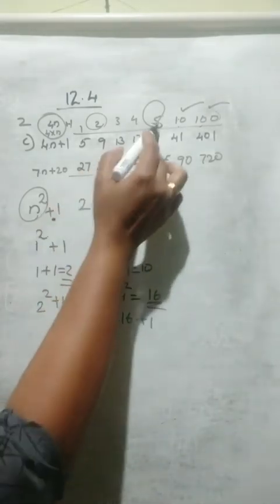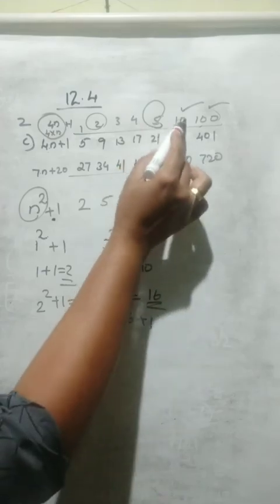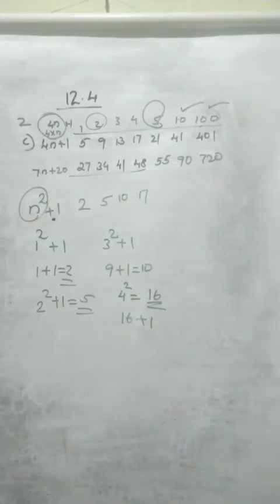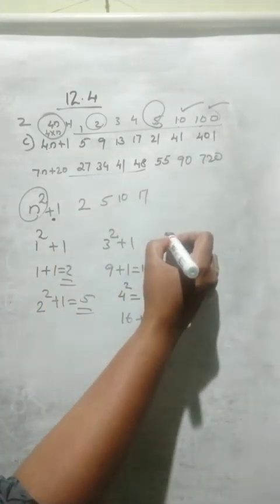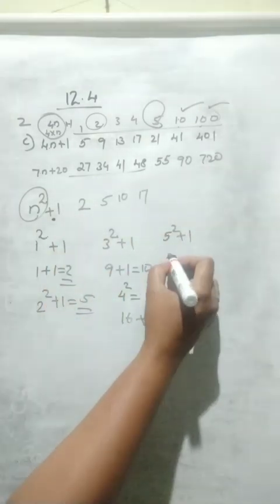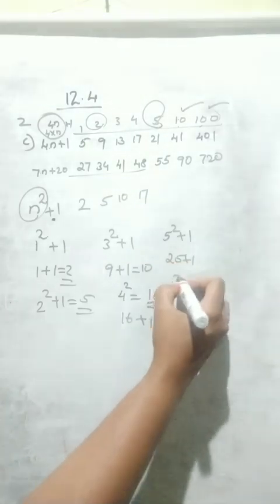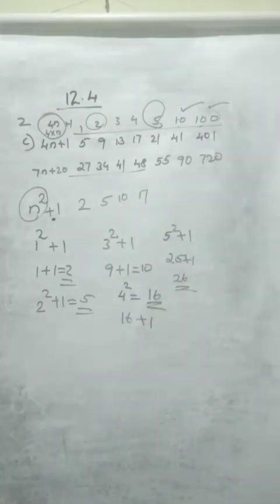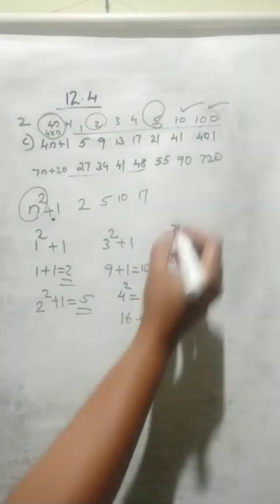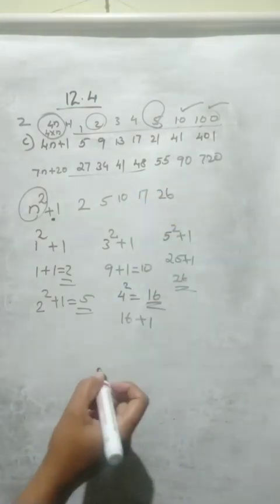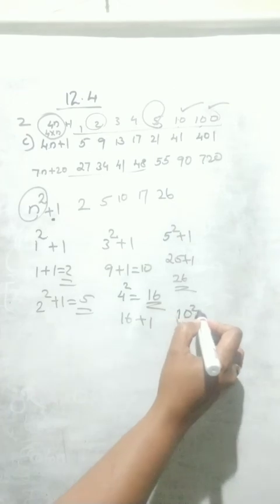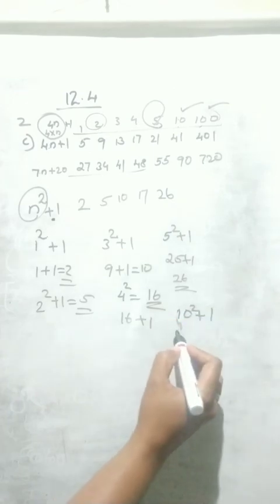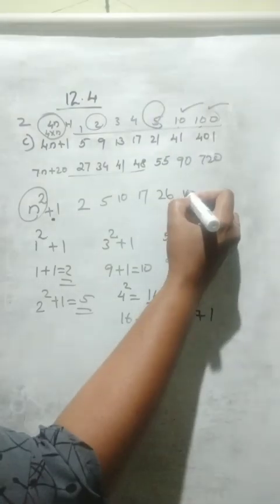Then next we have to find out the 5th term, 10th term and 100th term. So n square plus 1. 5 square plus 1. 5 into 5, 25. 25 plus 1 is equal to 26. So the answer is 26. Then in case of 10, 10 squared plus 1. 10 into 10, 100. 100 plus 1, 101.